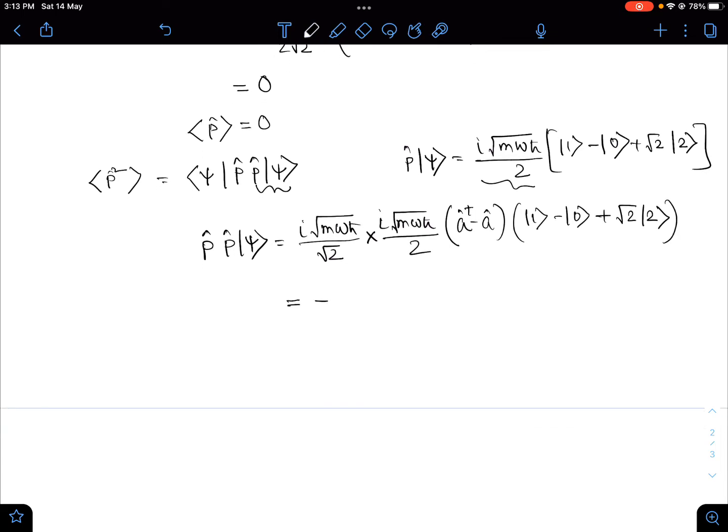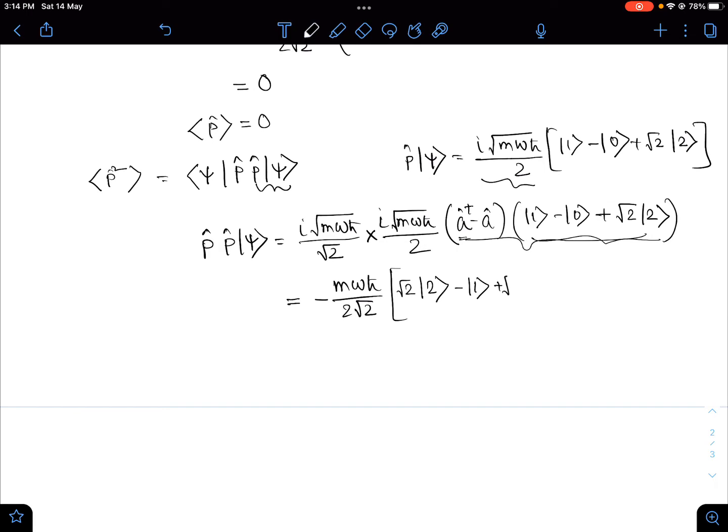So we have m omega h cut by 2 root 2, and let us evaluate this. First apply the raising operator on this. The first term will give us root 2 |2>, the second term will give us |1>, and the third term will give us root 6 |3>.